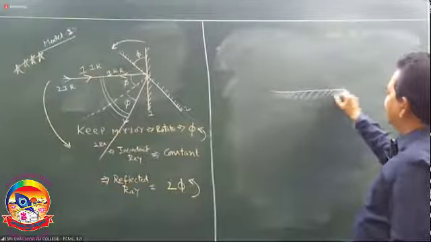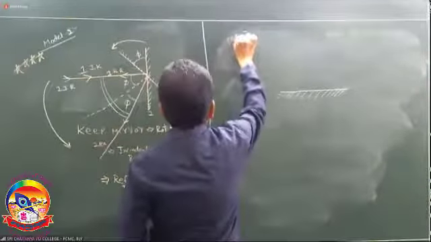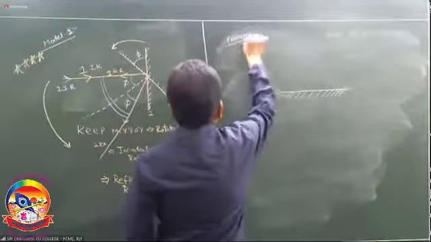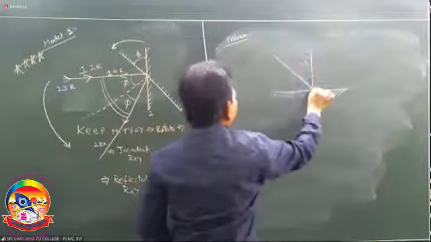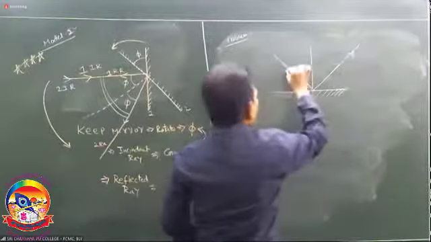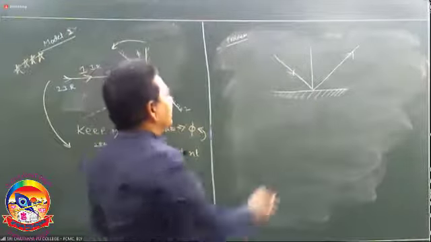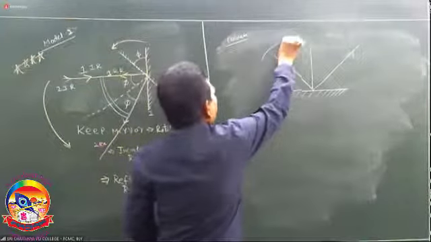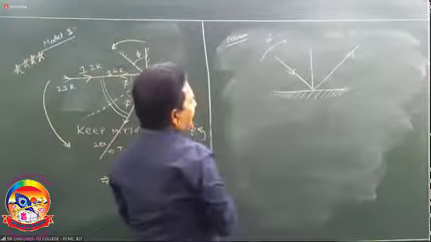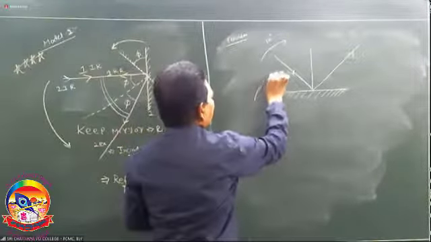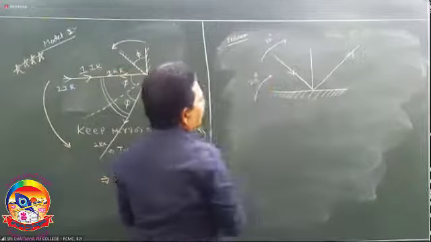This is the mirror, this is the normal, the incident ray, the reflected ray, whatever may be the angles. The incident ray rotates clockwise by 10 degrees. The mirror rotates by 20 degrees clockwise.